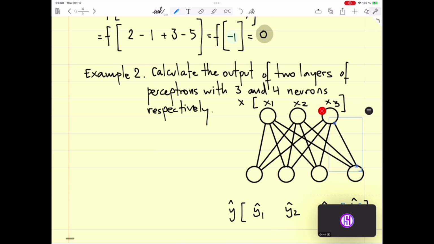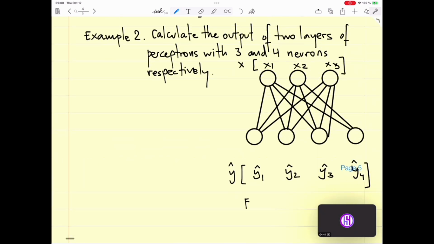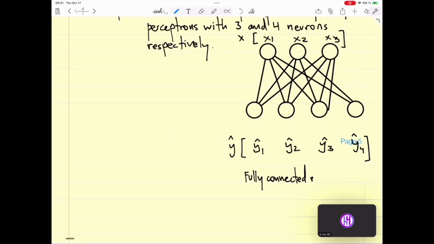Fully connected because everybody is connected with everybody else. Multi-layer perceptron. All right.